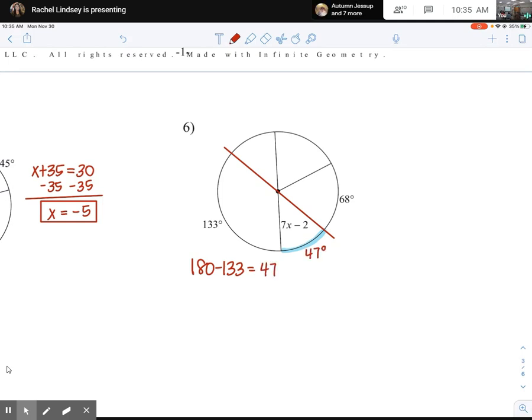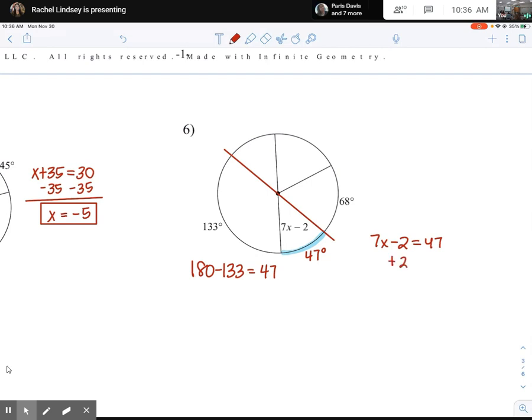Now that we know that arc, we can solve for x. We should do 7x minus 2. Why can't we just do those in the rest of them? Because you have to find the arc measure first. So 7x minus 2 equals 47.